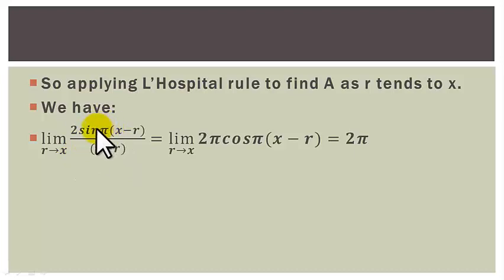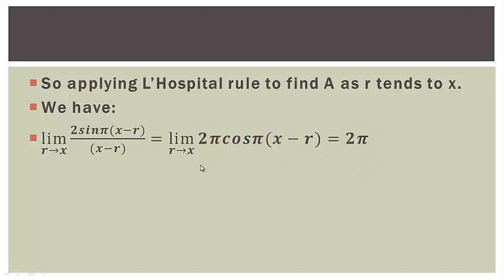Derivative of 2 sine pi into x minus r will give us 2 pi cos pi into x minus r, divided by derivative of x minus r with respect to x, which gives us 1. So that will give us limit as r tends to x of 2 pi cos pi into x minus r. As r tends to x, we can now put r equals x here. So that will be 2 pi cos pi times 0, which goes to 2 pi cos 0. And we know that cos 0 is 1. So 1 times 2 pi will give us 2 pi.